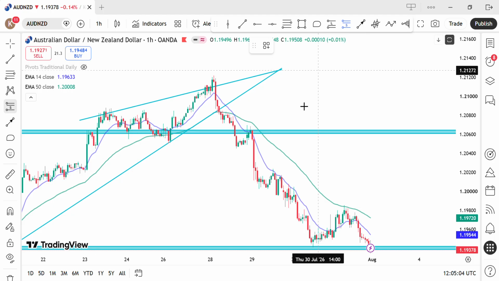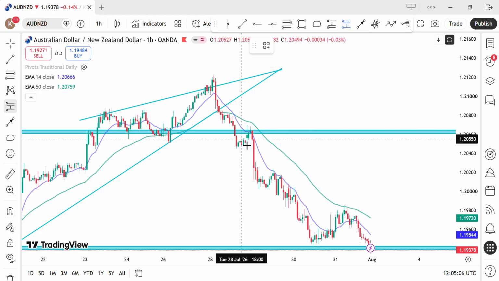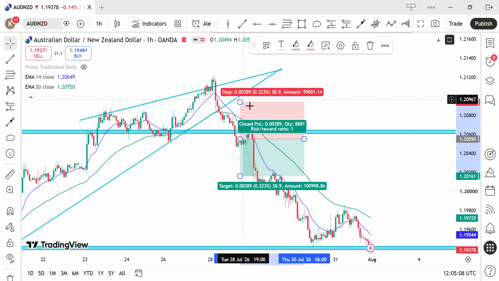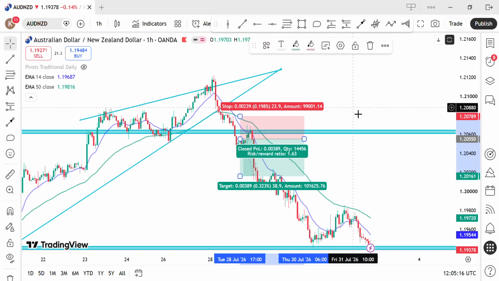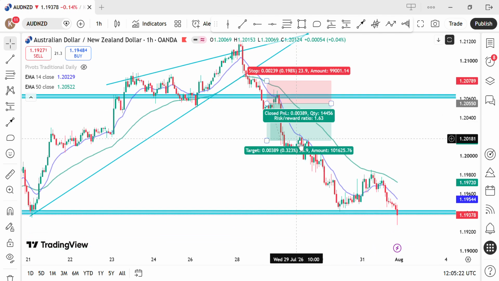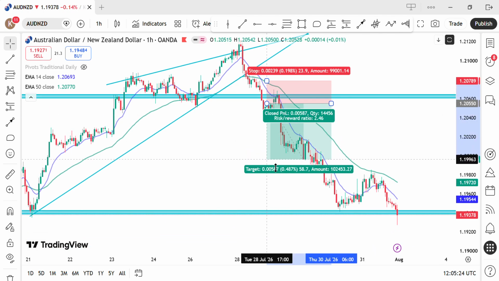So this confirmed to us that we are going short, and we took our entry over here and we put our stop loss above both EMAs and above the key SR level over here, and we targeted 1 to 3.